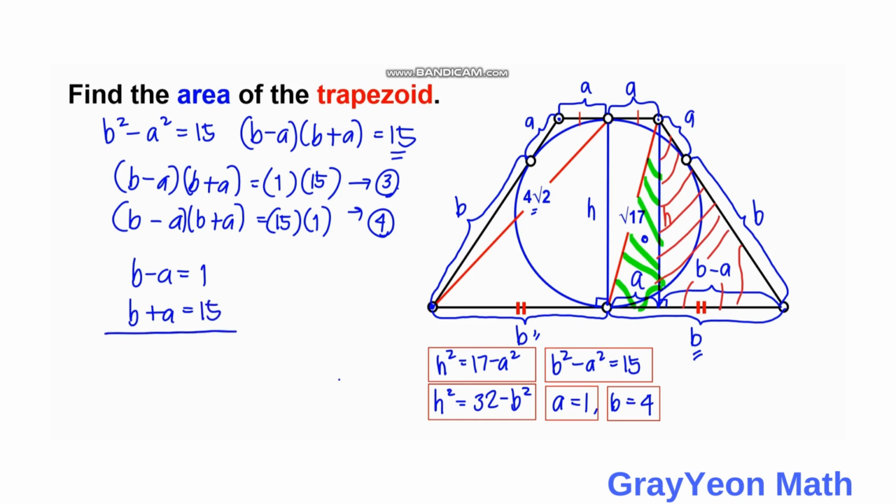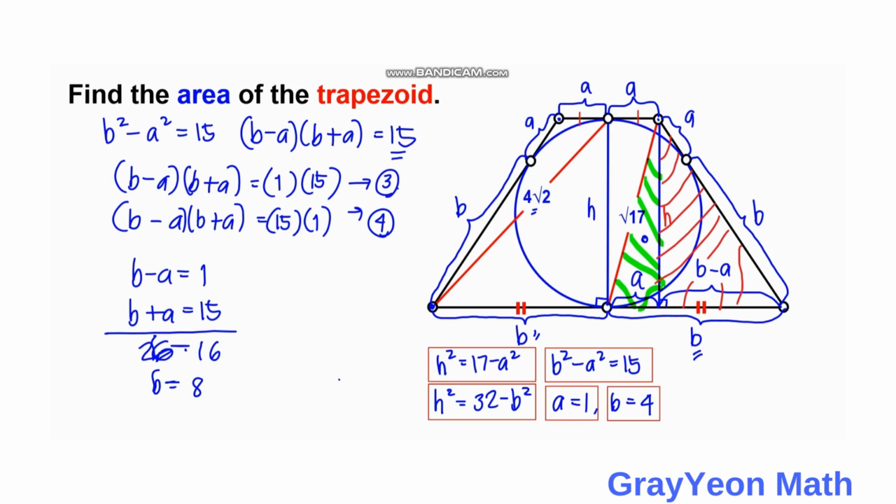So we got here 2b. We simply add these two equations. So 2b is equal to 16 and b is equal to 8.